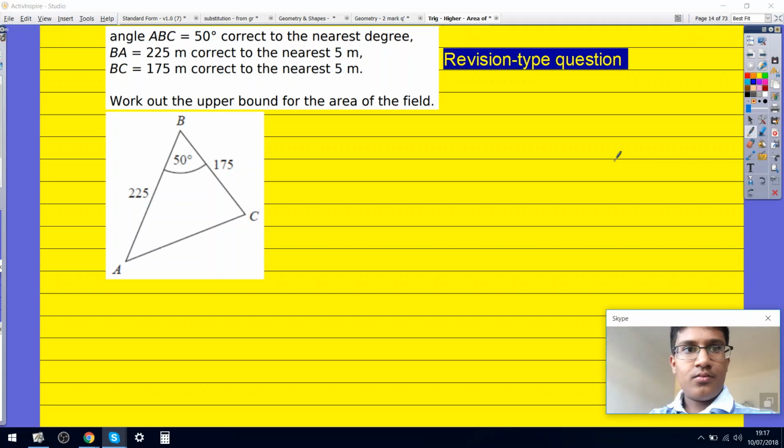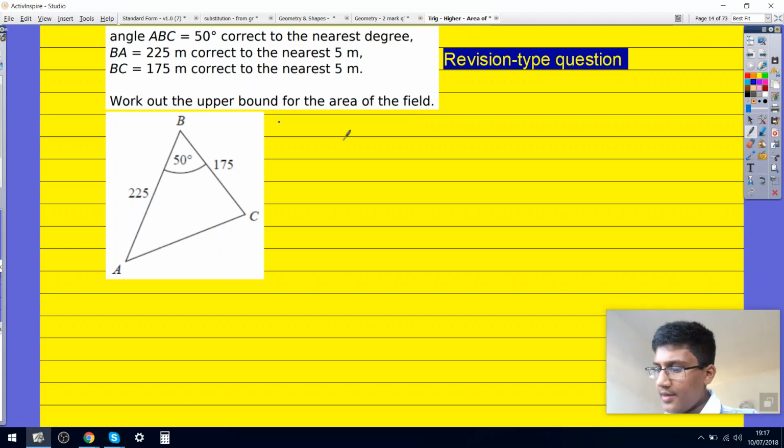The upper bound for the area of the field. So these two lengths are to the nearest 5 meters. So if we just write the upper and lower bounds for this, so 225, the upper bound is going to be, because it's to the nearest 5, 230, and the lower bound would be 220.